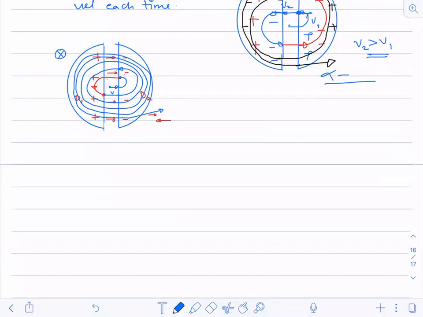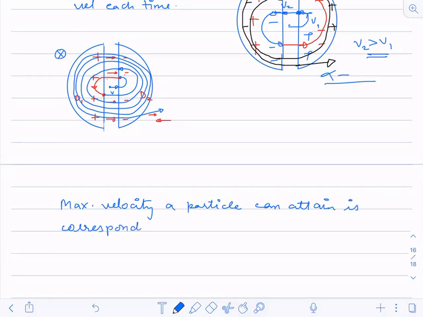So the maximum velocity a particle can attain is corresponding to what?